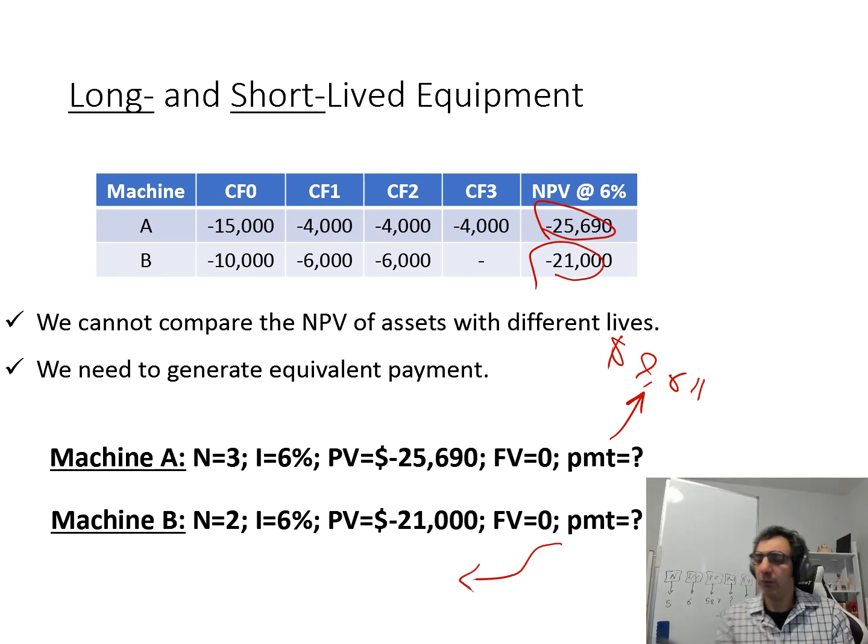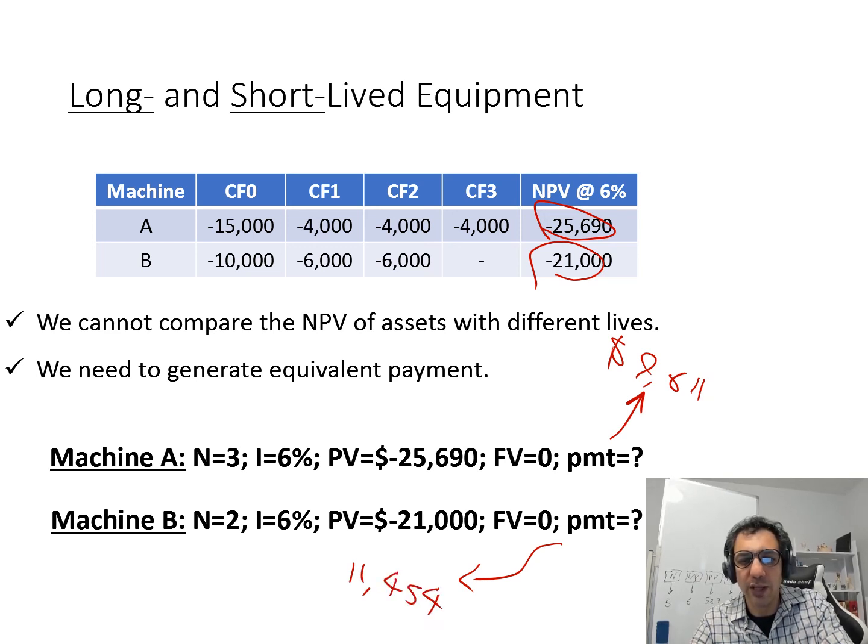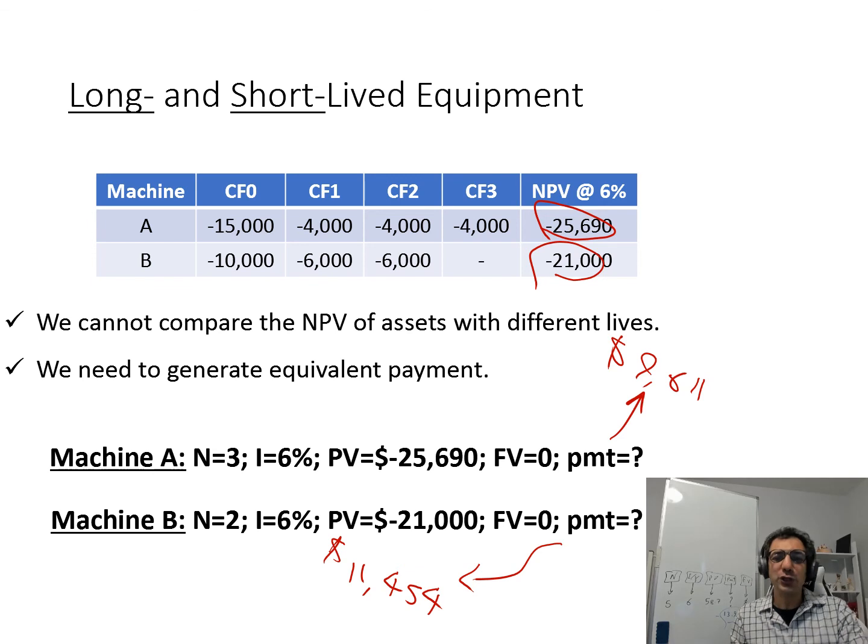For machine B, I'm doing the same thing. So N is 2, I is 6%. 21,000 is the present value, FV is 0, you compute the payment, which is $11,454.